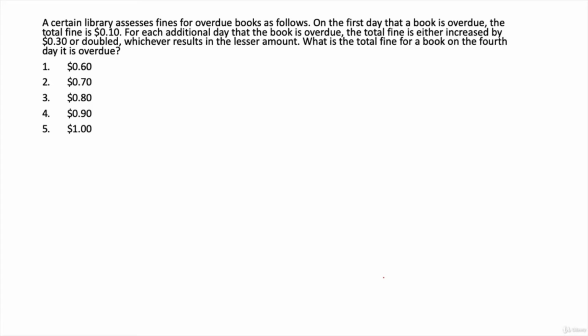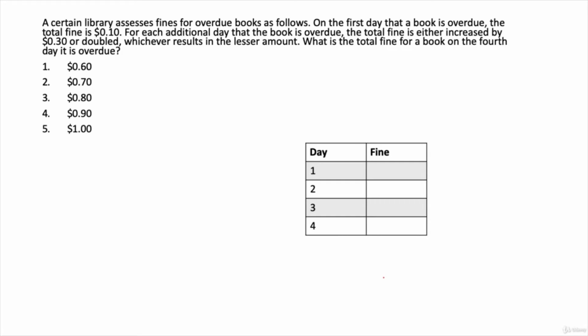So to solve these type of questions, we create a table which indicates the day and the fine. On day 1, the fine is $0.1. For each additional day that the book is overdue, the total fine is increased, so we have a condition here. How do we get this?